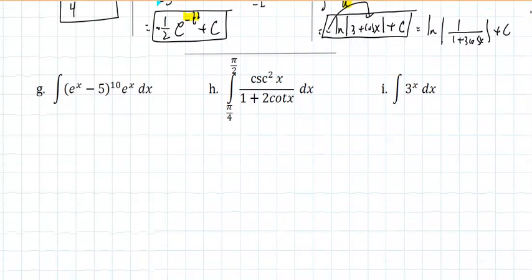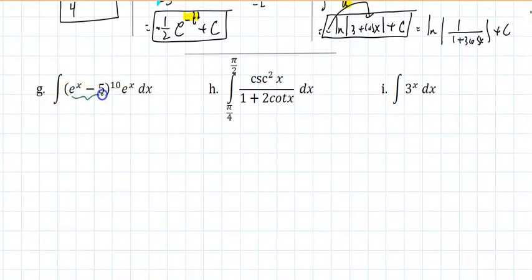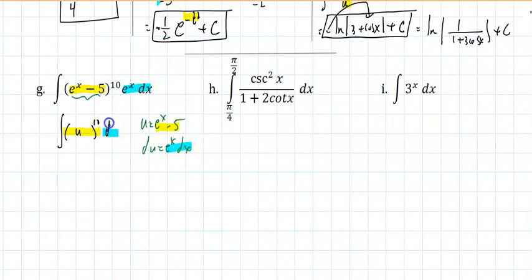So, traditionally, I let u equal the inside of the power function. Let u equal e to the x minus 5. du is e to the x dx. So, my u is right there, and e to the x dx is du.